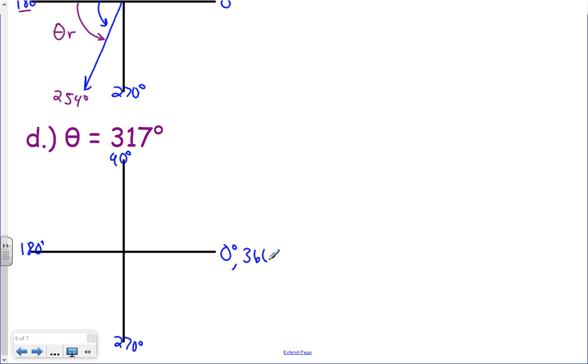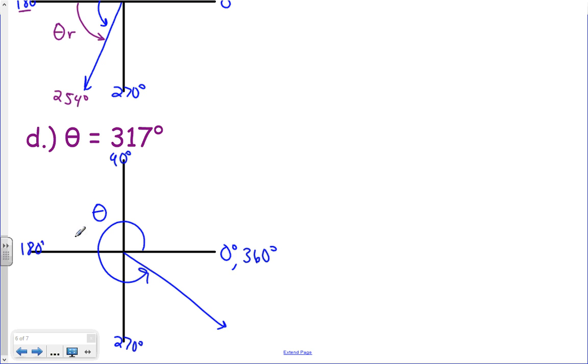So yeah, between 270 and 360 is our angle. That's the fourth quadrant. And halfway between 270 and 360, that would be what, 315? And we're at 317. So we're just about halfway through this. Actually, a little bit more than halfway. That wasn't quite halfway like I wanted to sketch, but that's close enough. And we end up with this angle right here as our angle theta.